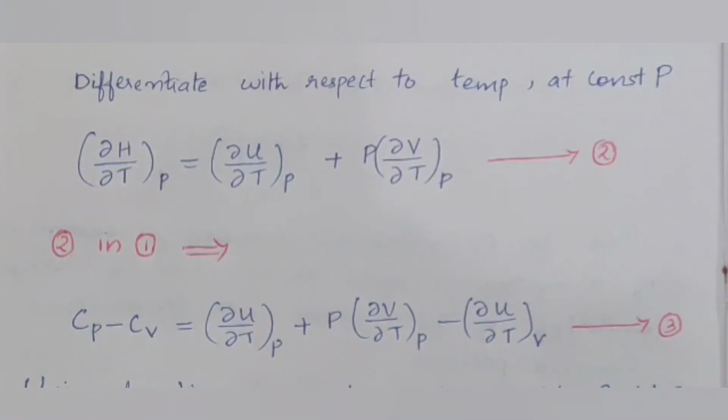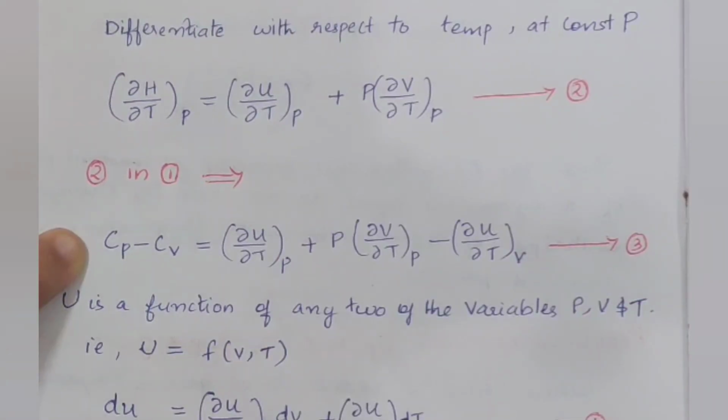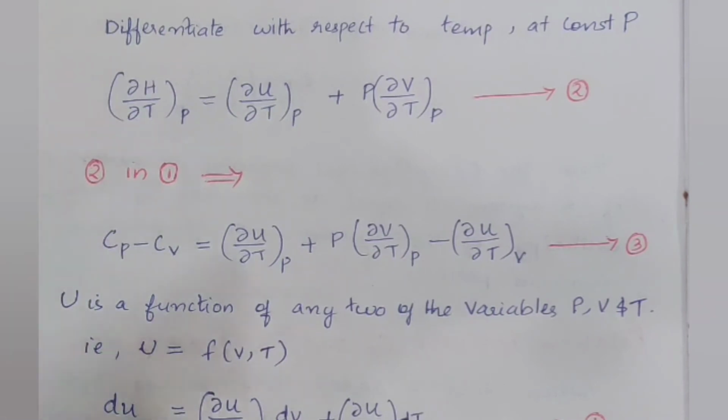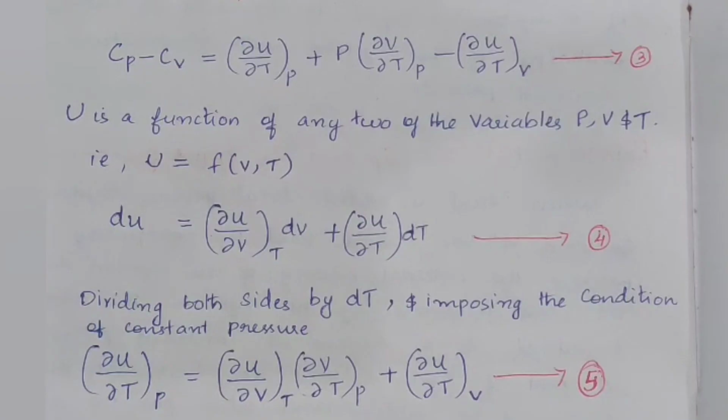Substituting equation number 2 in 1, we are getting this Cp minus Cv. Since U is a function of any two of the variables pressure, volume and temperature, we are taking here volume and temperature.